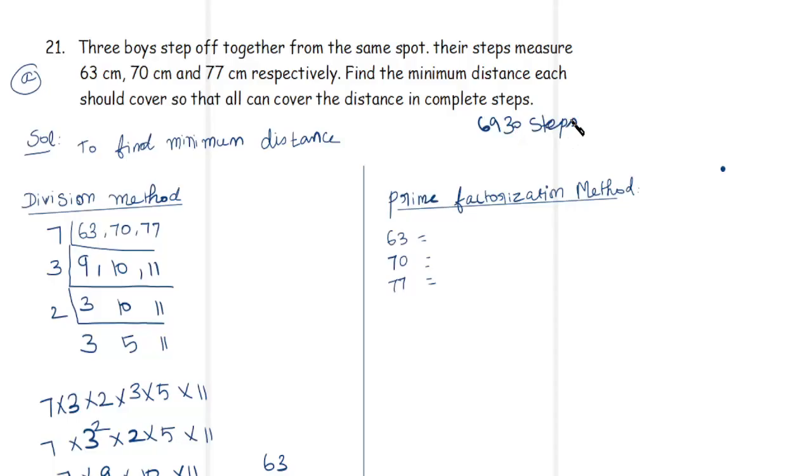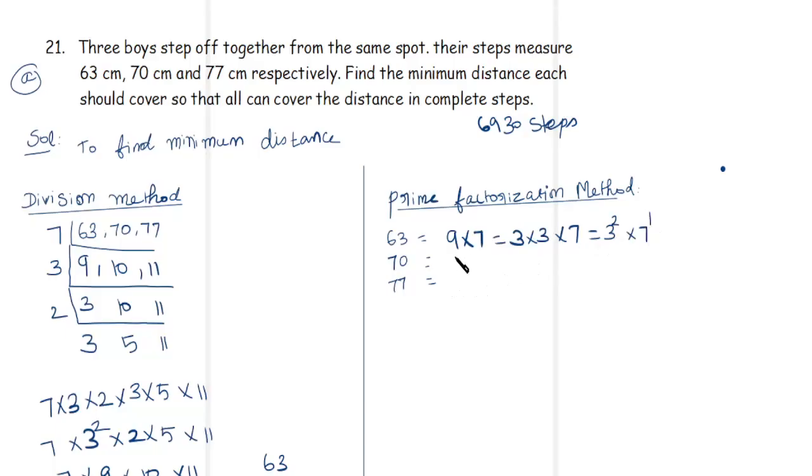So this can also be done by the prime factorization method. First I am going to solve 63. 63 can be written as 9 into 7. Further, 9 can be factorized as 3 into 3. So from this I get 3 squared into 7 power 1.